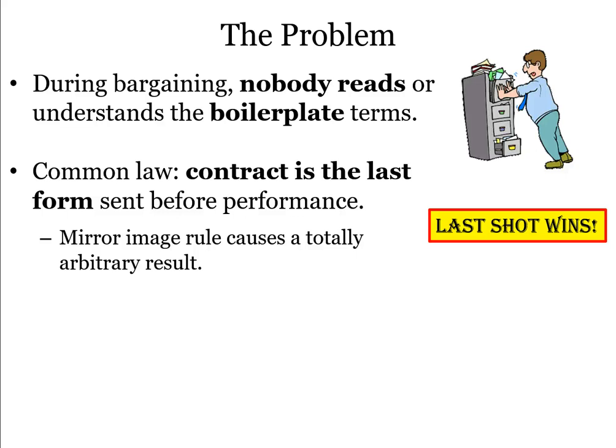Since performance can constitute acceptance, the party which happens to send its form last always wins. This is called the last shot analysis, and it is considered to be unfair because it gives all the advantage to the party who by chance sent the last form.